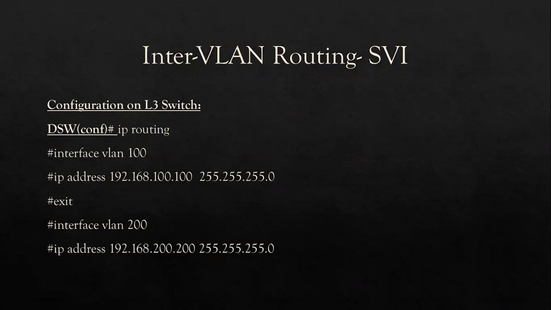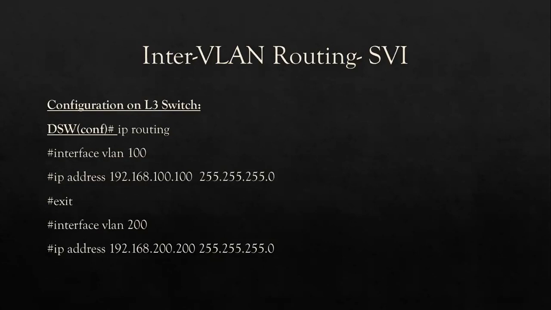Whenever you are configuring layer 3 features or protocols, IP or routing, anything on a layer 3 switch, you have to enable this protocol, IP routing. By default, L3 functions are not enabled on a layer 3 switch, so you have to enable it manually by this command. You just simply type IP routing, and layer 3 functions are enabled on the switch.